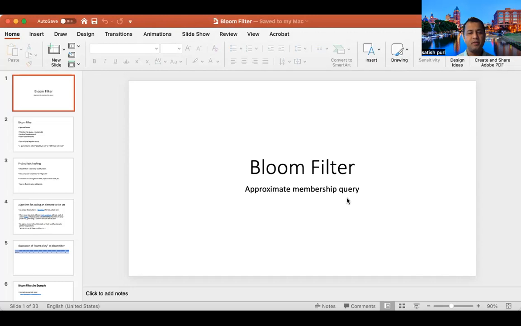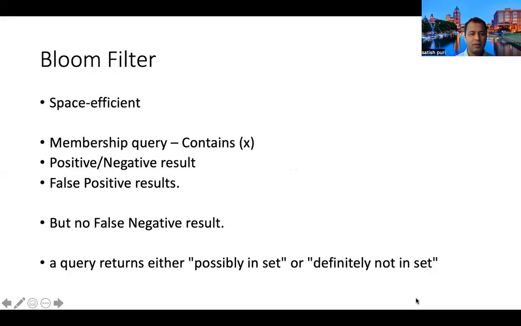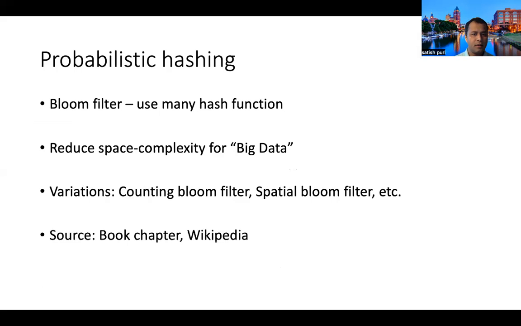So there are parameters that govern the false positive rate, and that's what we are interested to cover today. False positives occur, false negatives do not occur. We also looked at the fact that Bloom filter saves a lot of space because of using bit arrays.